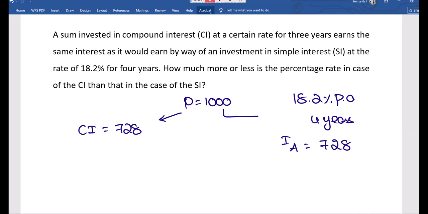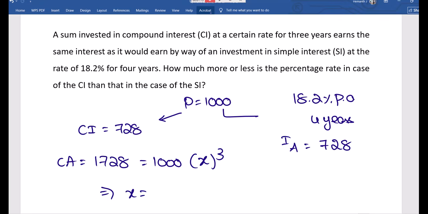See, principal 1,000, adding this, 1,728, right? Compound amount is 1,728. That is principal into some rate, whole cube, x to the power 3, let us say. If we calculate the x value, it is 1.2, means 120%, means 20% is the rate of interest.